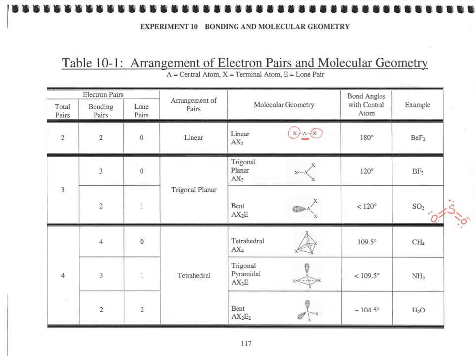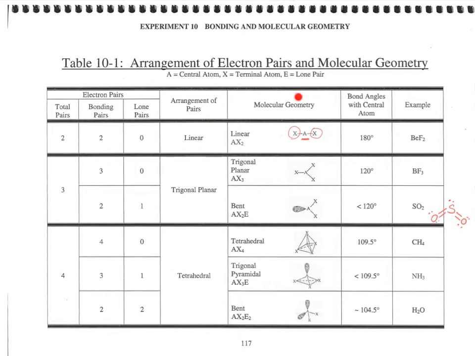Okay, let's move on. So when we have 4 total pairs, we can either have 4 bonding pairs and no lone pairs, 3 bonding pairs and 1 lone pair, or 2 bonding pairs and 2 lone pairs. All of these have an arrangement of pairs that is tetrahedral. This arrangement of pairs is not the molecular geometry.